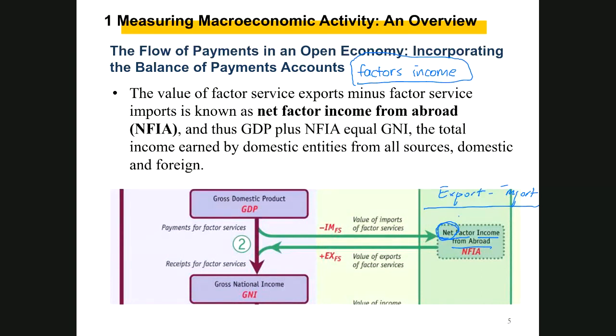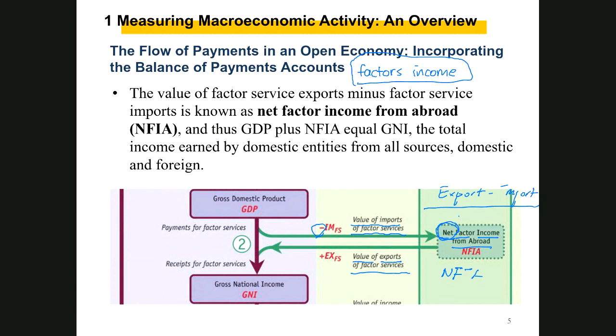Okay, so the net factor income from abroad, NFIA, is the value of the imported factor services, which is a minus term, plus the value of the exported factor services.